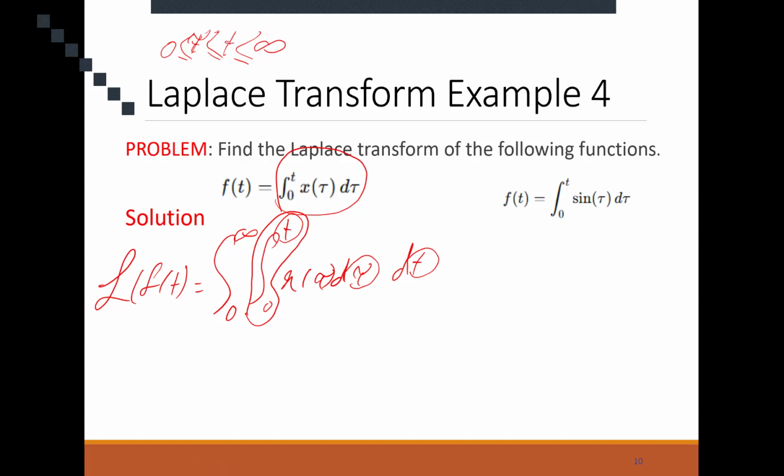What is the lowest value of t? Tau. So this is going to become the integral of 0 to infinity, integral of x of tau, from tau to infinity, d tau dt. Oh, there is an e to the power of minus st. Sorry.